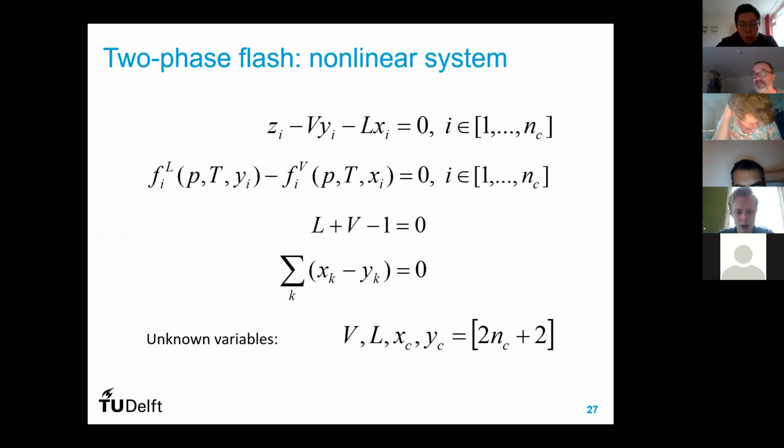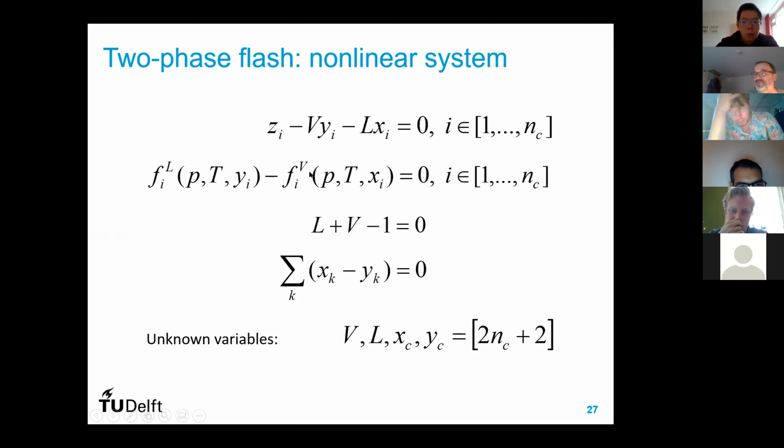maybe in the beginning. But the main idea in the two-phase flash is you can still solve it. It's not the K-value anymore. Instead of the K-value relation, in the general negative flash, it is replaced by fugacity or equality of the chemical potential that is equivalent.